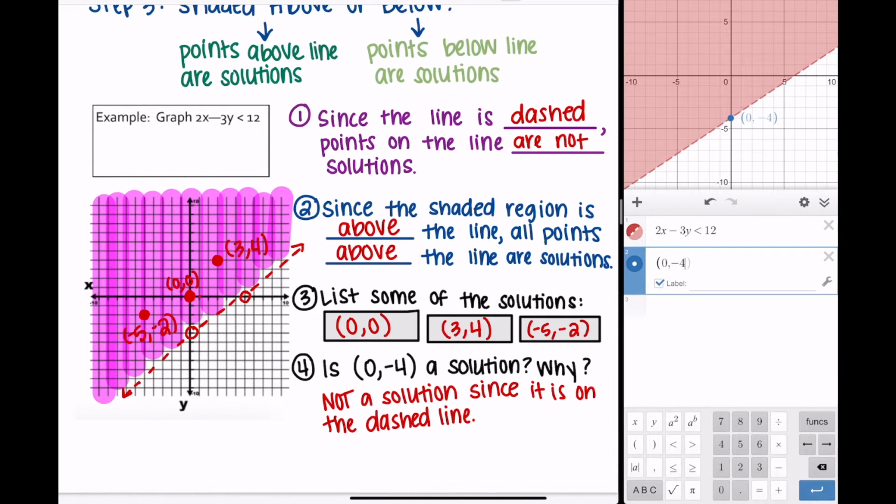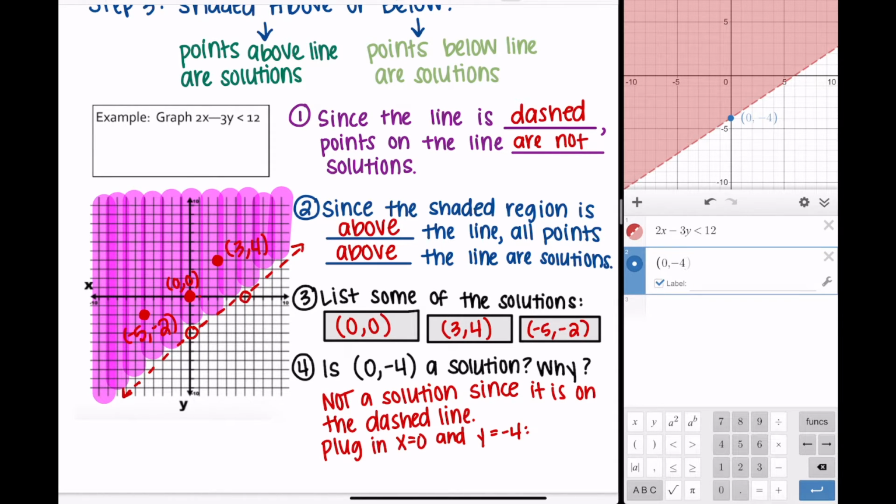If I plug in x equals 0 and y equals negative 4 into that equation, I'm going to get a false statement.